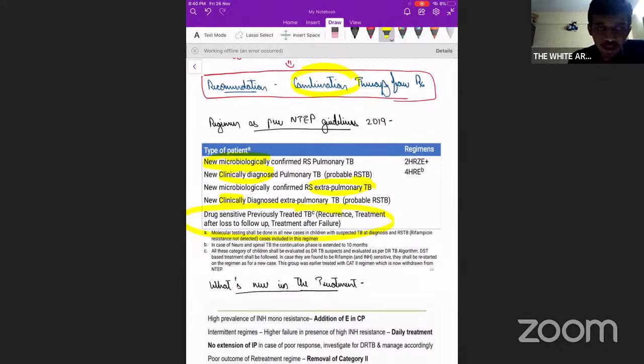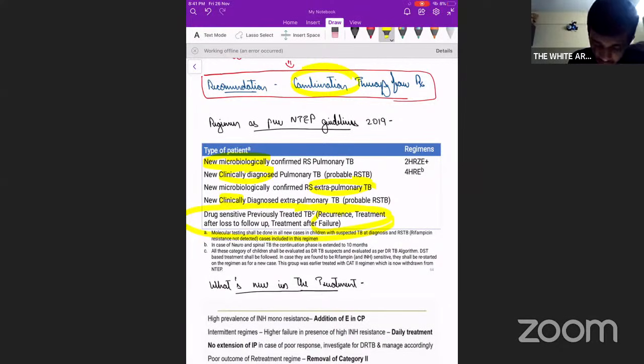So previously treated tuberculosis can be anyone with recurrence, or those who have been lost to follow-up, or those who have faced failure of treatment. All these people, we make them undergo drug sensitivity testing. For that a different algorithm exists wherein we look for drug resistance, which we'll discuss in a later session. In such conditions, if they are sensitive to rifampicin, then they are included in this algorithm itself.